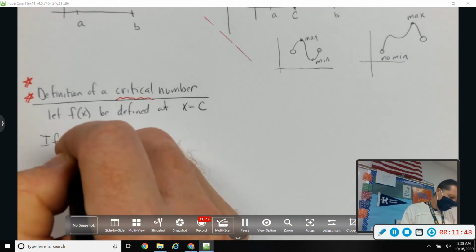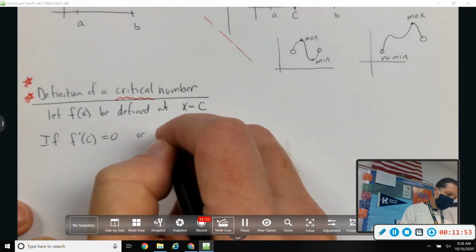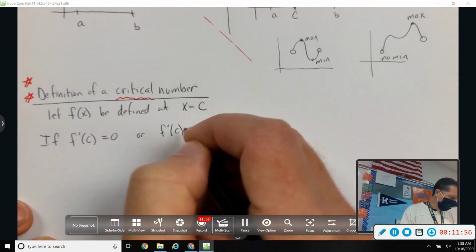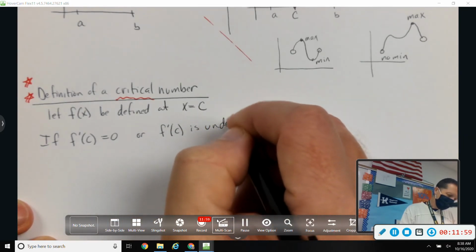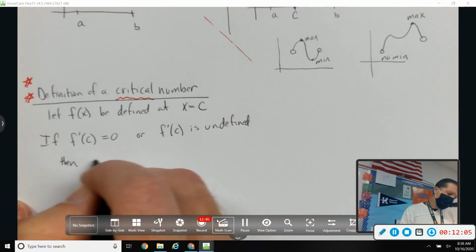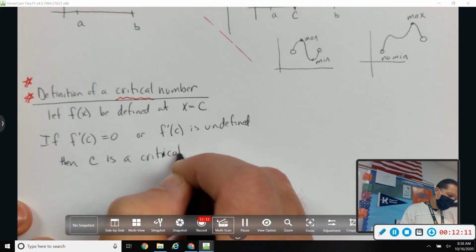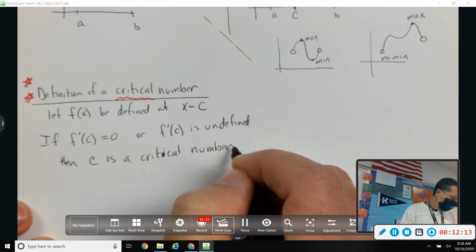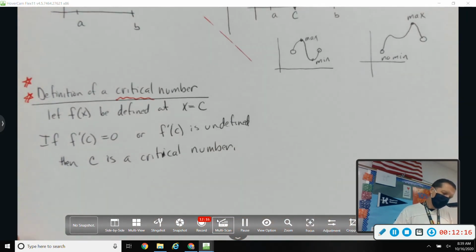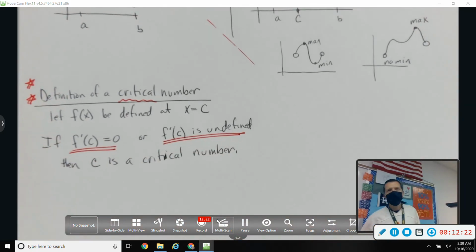If f prime of c equals 0, or f prime of c is undefined, then c is a critical number. If the derivative is 0, or if the derivative is undefined, then there's a critical number there.